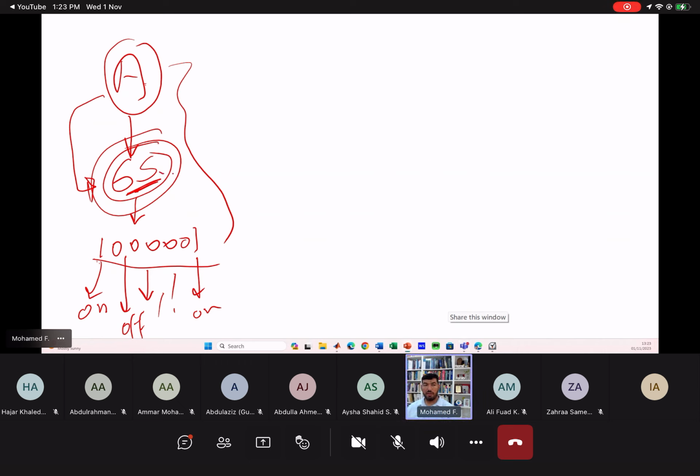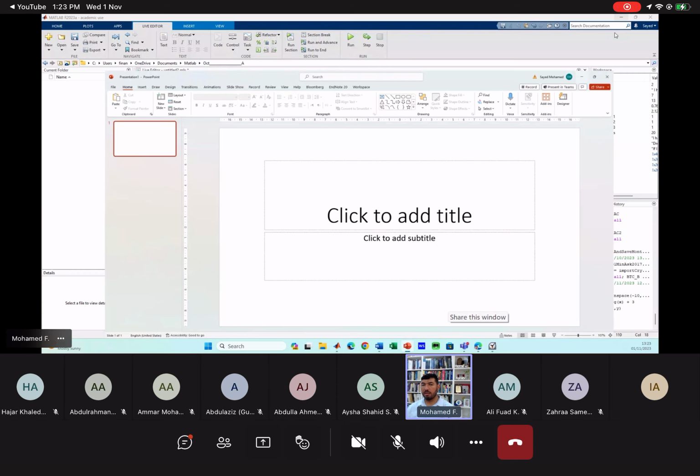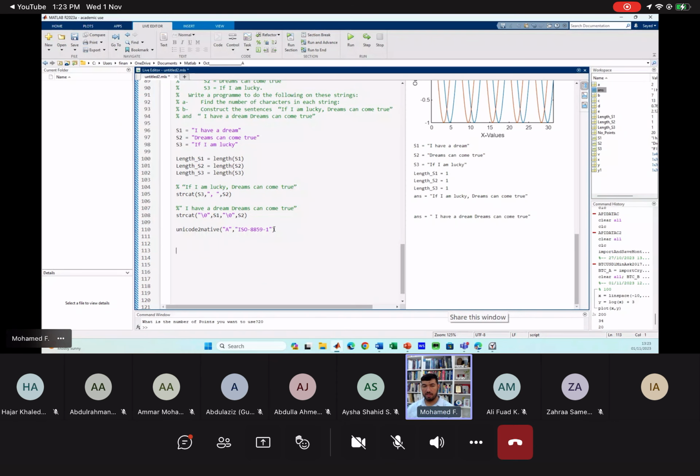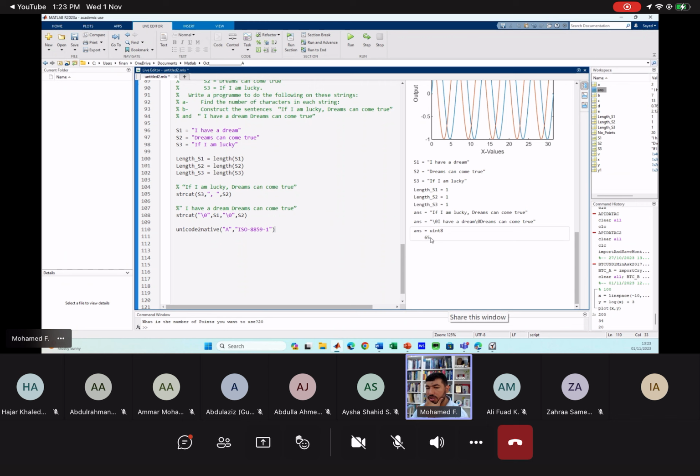Now what if I have the number and I want to change it back? I can do it in 2 ways. I hope here in MATLAB is working, but let's see. Now here, if I do Unicode to native and I run it, I would see that it will give me the number 65.